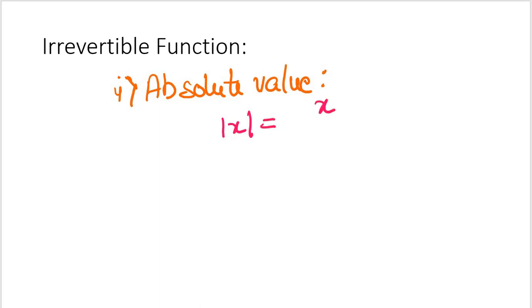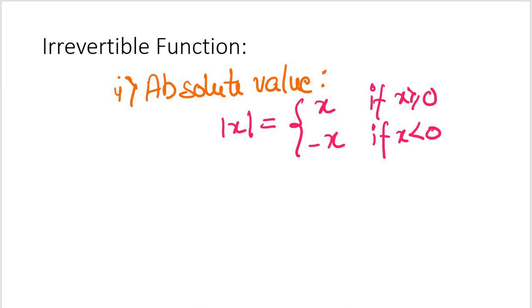So what it says is mod x is either x or minus x, where it is x if x is greater than or equal to 0, and minus x when x is less than 0, right? A simple one, straightforward, I don't need to throw some light on this.